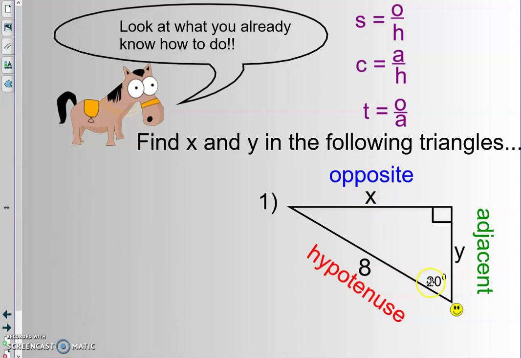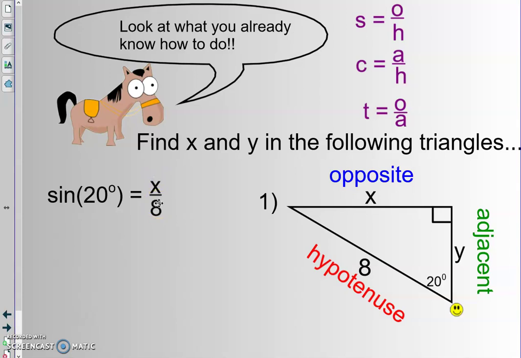So standing at 20, you see x, which is opposite, and you see the only other side we know, which is 8, the hypotenuse. Which one of these three trig functions deals with the opposite and the hypotenuse? Well, I hope you said sine. So over here I can write the sine of 20. Again, remember, trig functions attach themselves to an angle, is the opposite over the hypotenuse.